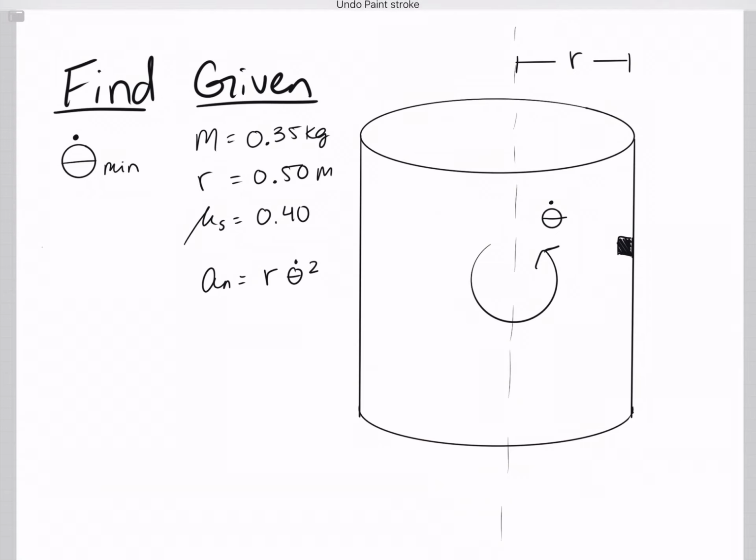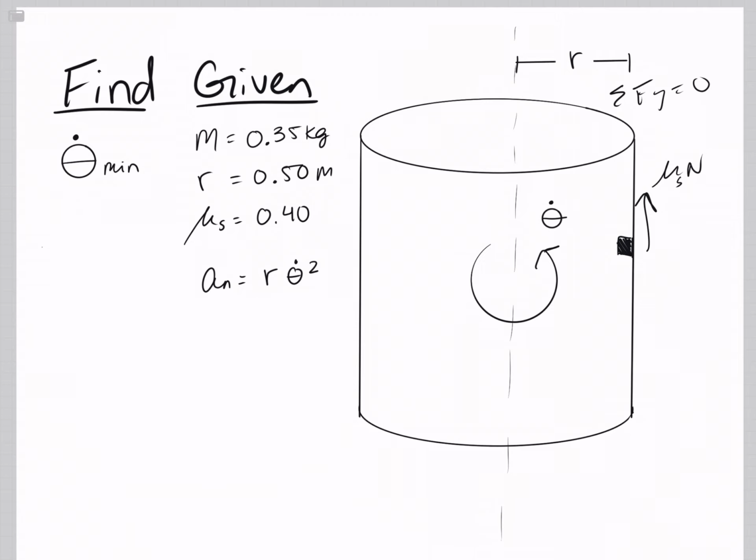In this problem, we also have rotation about the vertical axis, where our object is stuck to the wall because of that rotation. Here, however, we do have friction in the y direction, and that friction is going to be static friction because there is no sliding up and down.